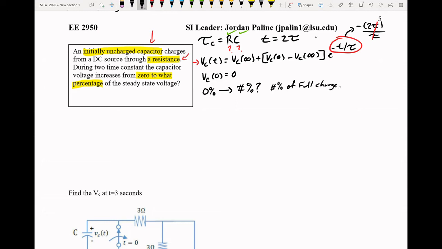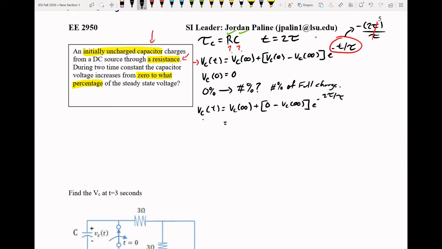So let's plug in what we know. V of C at time t is equal to V of C infinity plus 0 minus V of C infinity, times e to the minus 2 tau over tau.